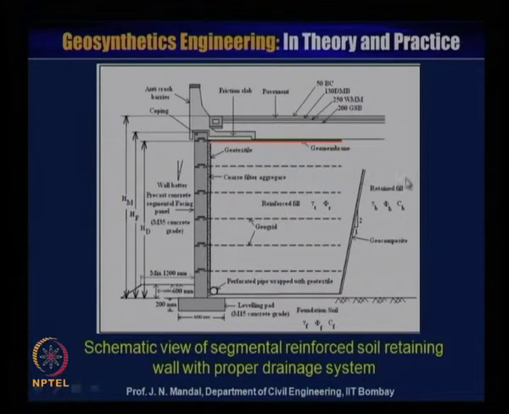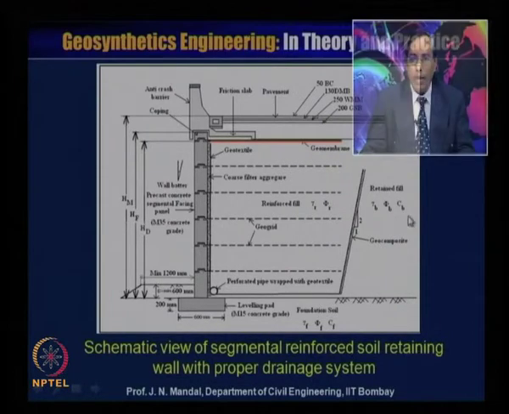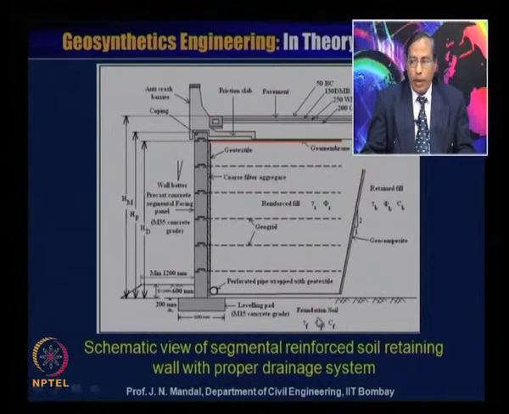This is the reinforced backfill whose unit weight is gamma b, angle of internal friction phi b and cohesion is Cb. This is the foundation soil, whose unit weight is gamma f, angle of internal friction is phi f, and cohesion is Cf.